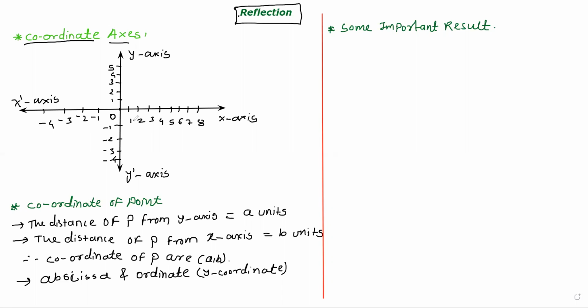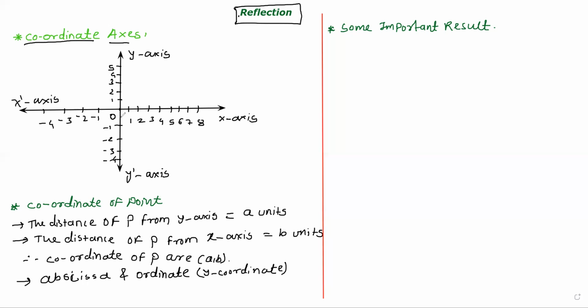These lines are called coordinate axes, or axes of reference. This is the x-axis and this is the y-axis. Point O is the origin.